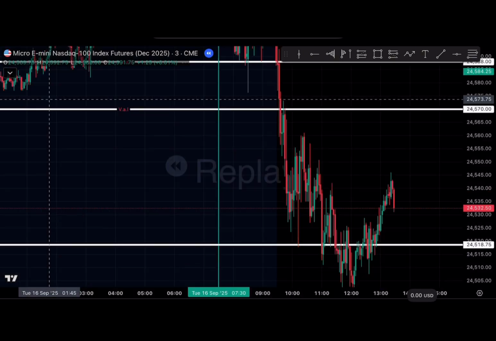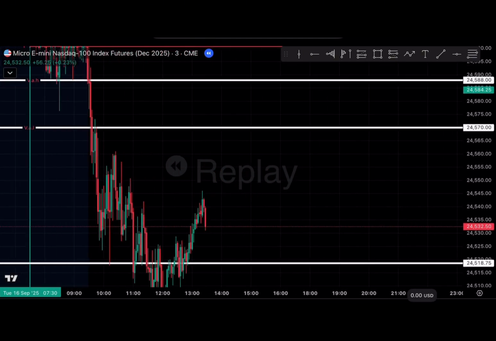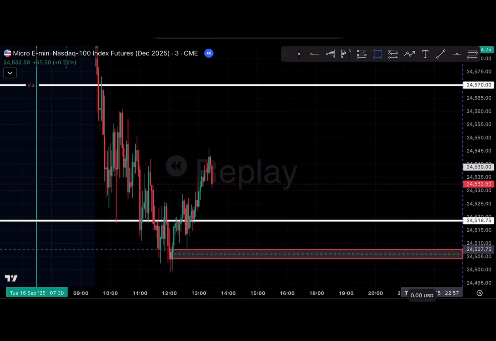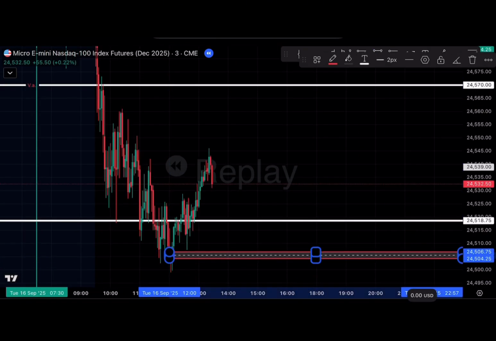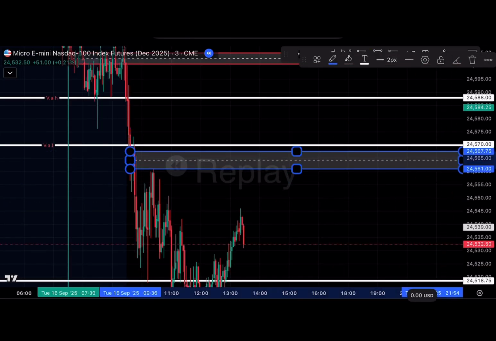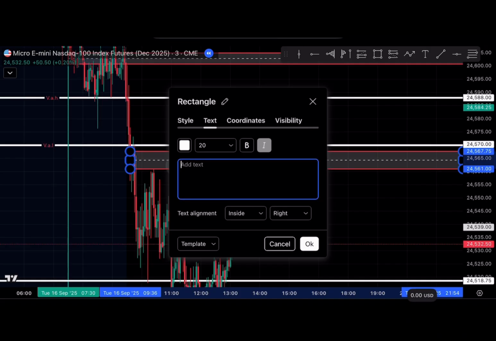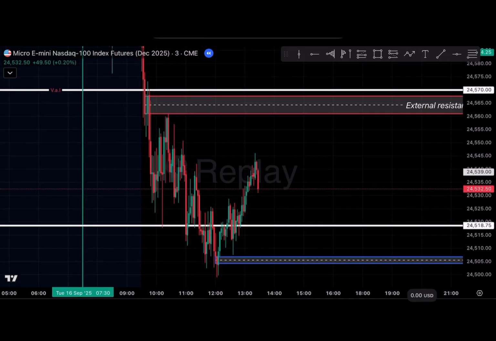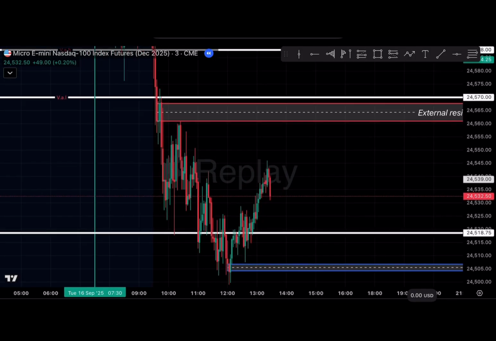Wait, and in this case, we're on a 3-minute time frame. It started from 9:42. So bing, we have our external support zone right here, and then we have our external resistance zone right here. All right, cool. So that's the current range.